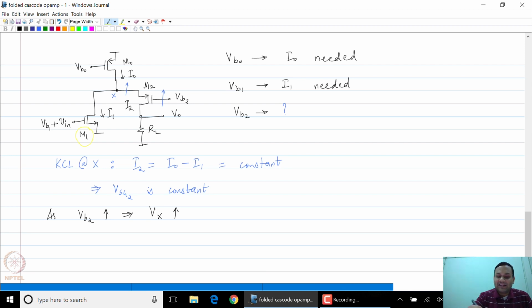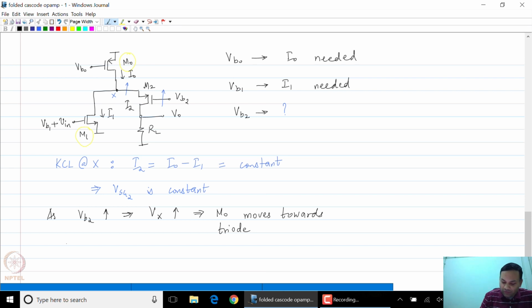But please note that transistor M0 is moving closer and closer to triode because its gate voltage is constant and the drain voltage is increasing. So M0 clearly moves towards the triode region, and eventually it will go into triode.